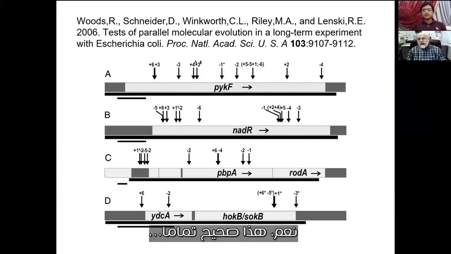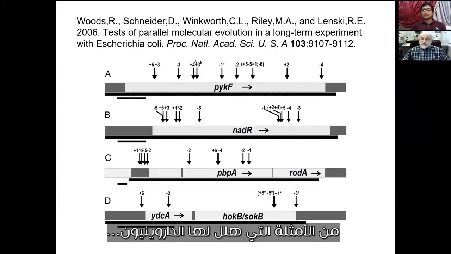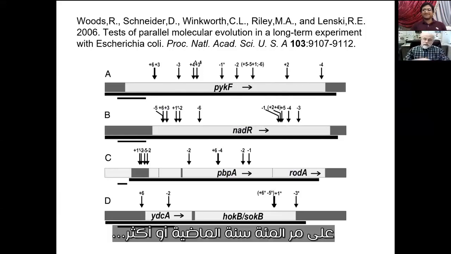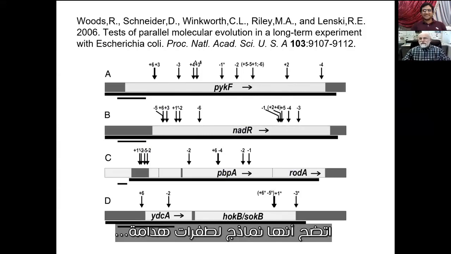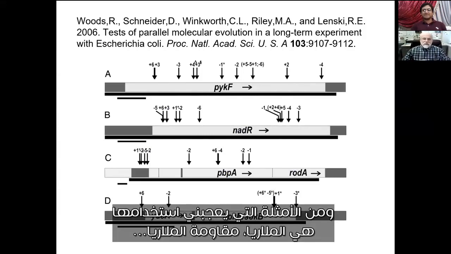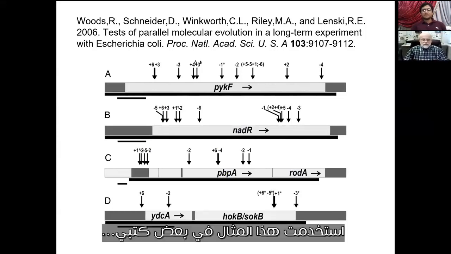Yeah, that's exactly right. It turns out that many of the examples that Darwinists have hailed over the past 100 years or more turn out to be degradative mutations. Examples I like to use concern malaria, resistance to malaria. I've used that in a couple of books.